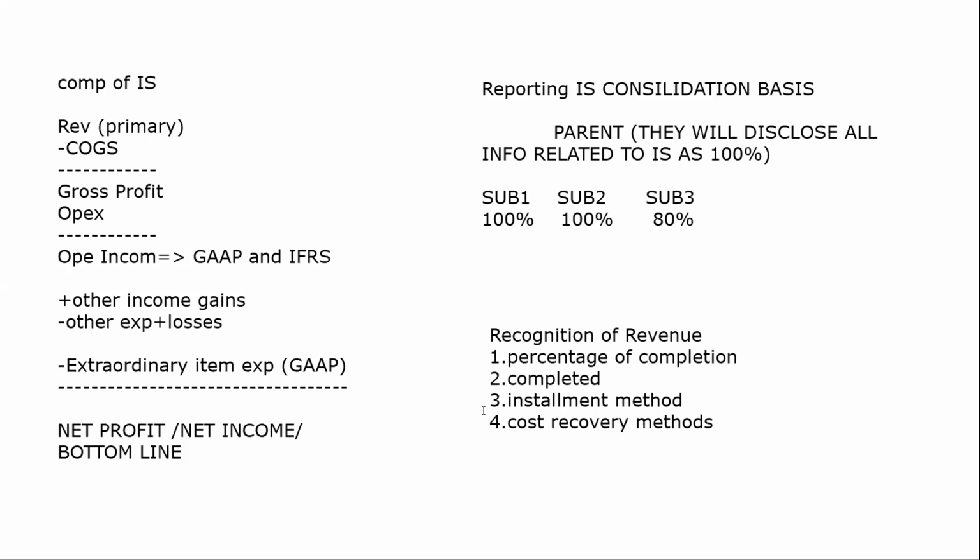They will not use the third and fourth, because the cost is obvious, how much money they're going to spend to construct something, and the revenue is obvious as well. More or less, you can see it. They sell it for 1,000, and the cost is here. However, they ask you to determine each year's income according to the percentage of completion and the completed contract method in accordance with US GAAP.